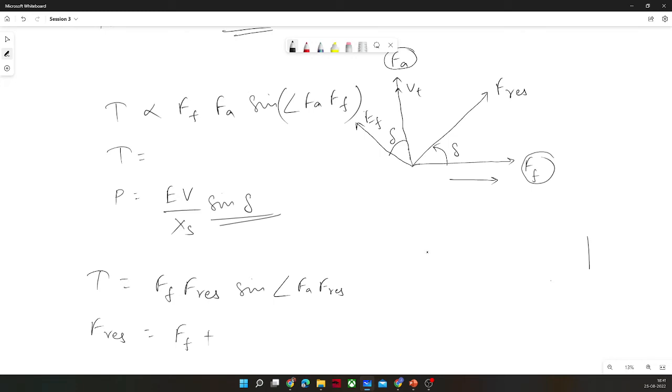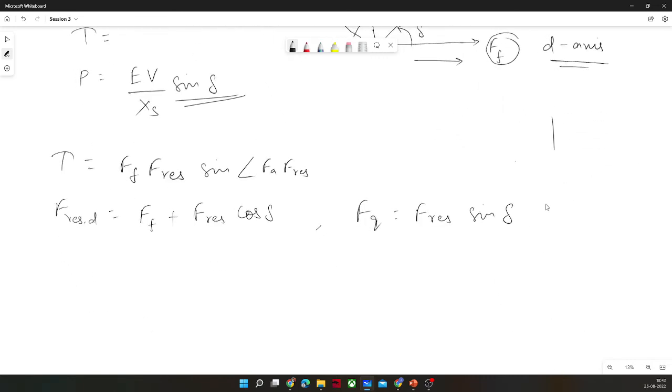In advanced electrical machines, this axis is known as the D axis and this axis is known as the Q axis. So F resultant across the D axis would be FF plus F resultant cos delta, and on the Q axis it would be F resultant sin delta.